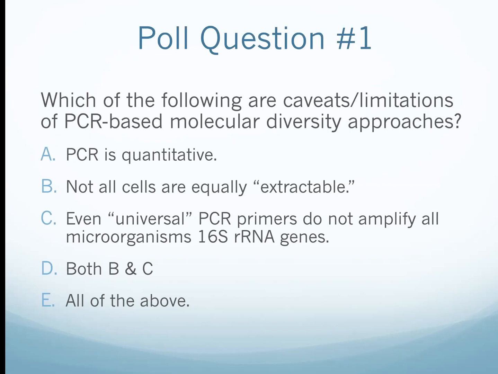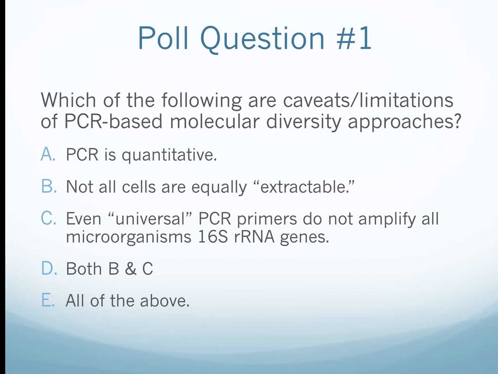I will say that I'm not going to have multiple choice questions on the midterm, but these are the kinds of questions that you will expect to see on the midterm. I will ask you what method you would use, and then I will ask you to identify potential caveats or pitfalls associated with those methods.